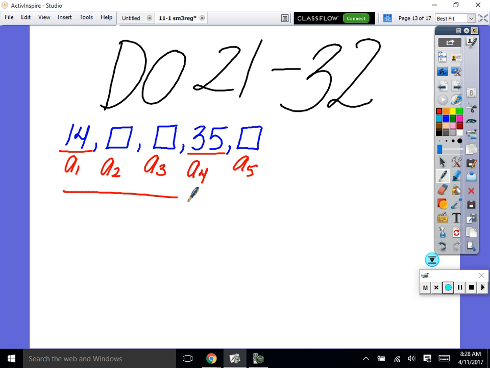So to get from a sub 1 to a sub 4, how much did we add in between? Everybody, in your calculator, do 35 minus 14, 21. So we've added 21 stretched across here. But we've got to add the same amount each time. So how many times did we add some amount?